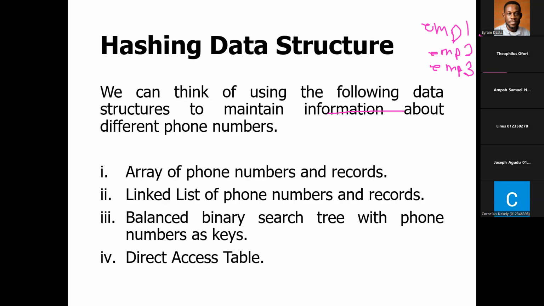Okay, we can also think of it as the list of students, okay, and their index numbers. Okay, so the array of phone numbers and their records, a linked list of phone numbers and their records, a balanced binary search tree with phone numbers as key, and then also a direct table.